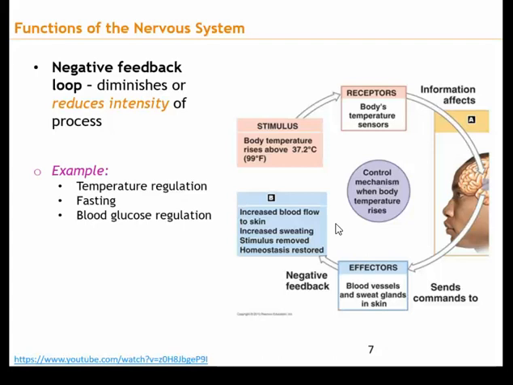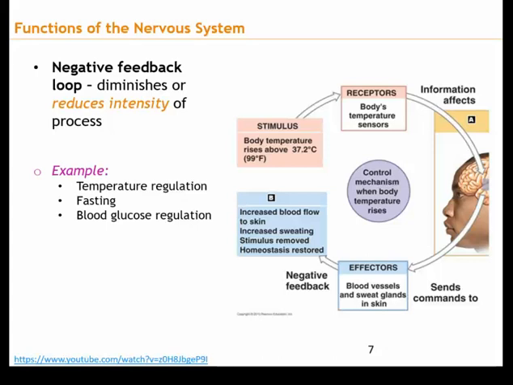And then another one is blood glucose regulation. So maintenance of blood glucose is a very tightly regulated system. When we consume a meal, our blood glucose level is going to be very high, but we want to lower that blood glucose. So what happens?